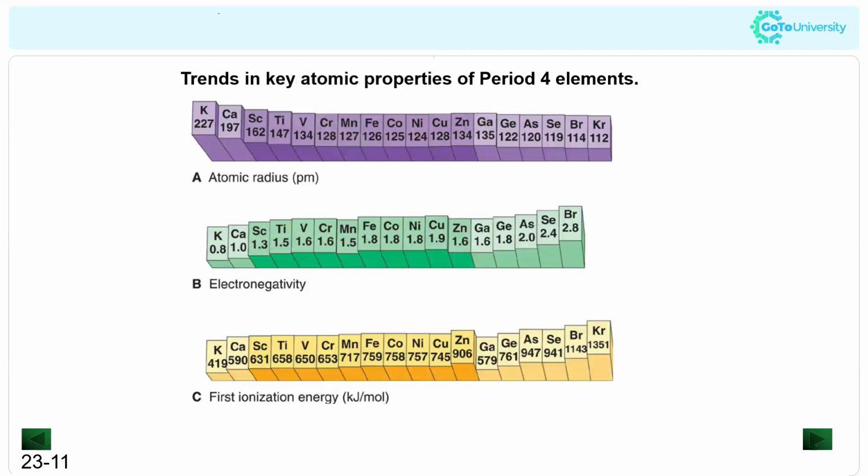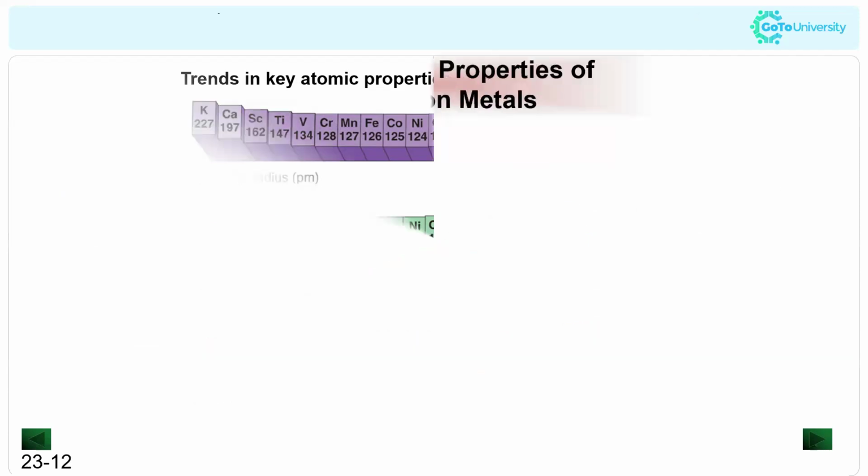Now, this is the trend in the atomic properties, including the size, electronegativity, ionization energy, all things. Okay, this is the important part.